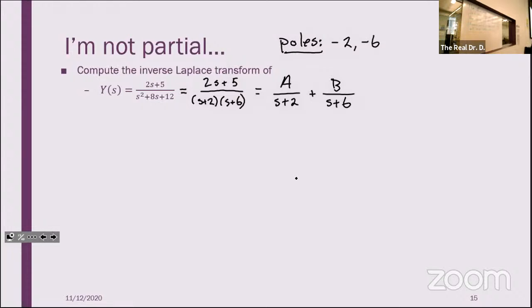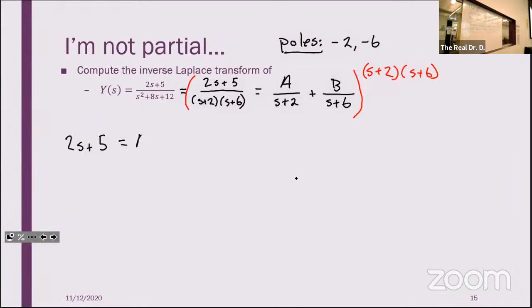If I multiply through, I'm going to use the red now, and I'm going to multiply everything times s plus 2 times s plus 6. I'm going to multiply this entire thing, both sides. And if I do that, the left-hand side reduces to 2s plus 5, because multiplying by s plus 2 times s plus 6 cancels the denominator.